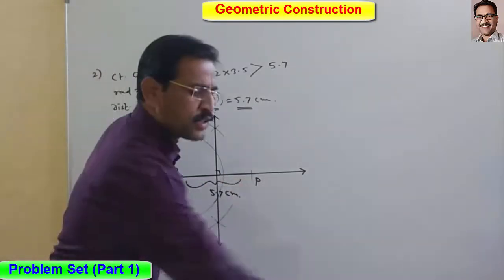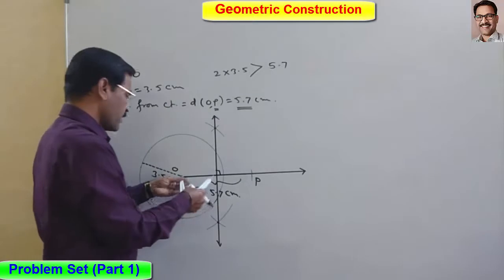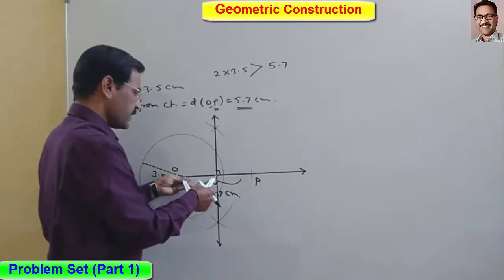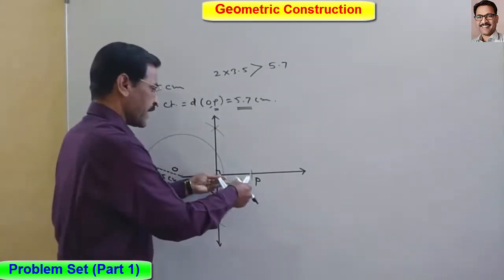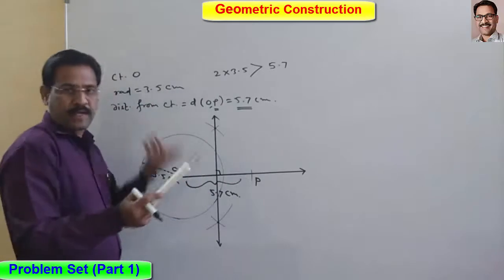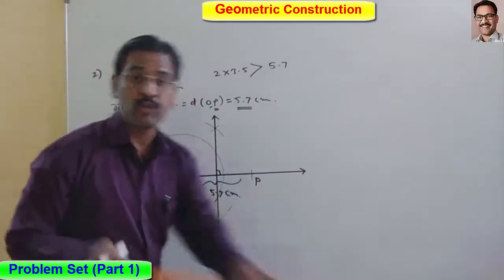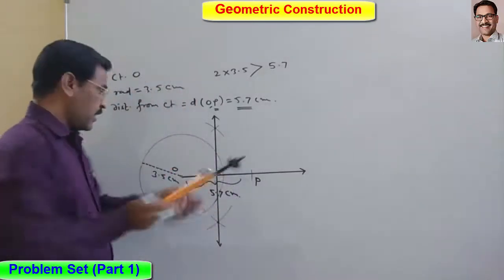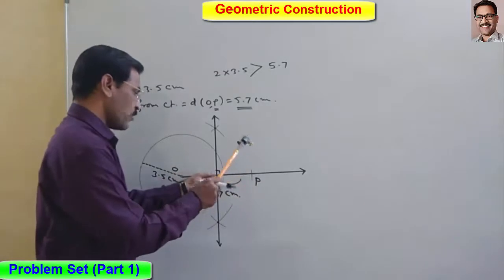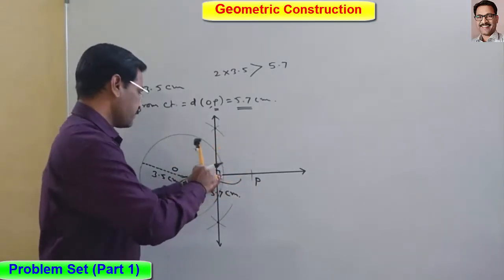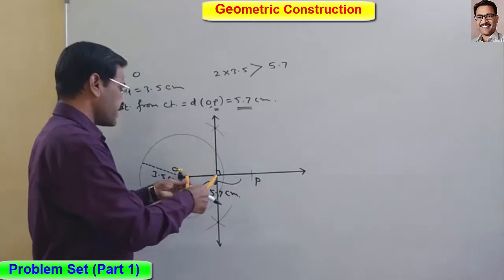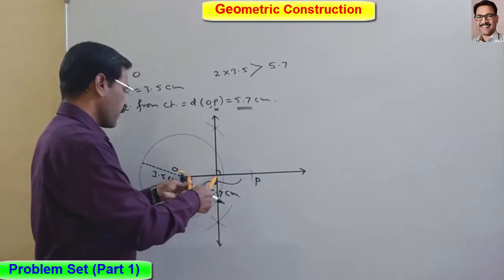You can check whether it is the midpoint or not. Look here, this is one part and this is the second part. Like this we can check. After getting it, now we are going to draw a full circle taking this as the center. Friends, this much only we have to take as the radius in the compass.